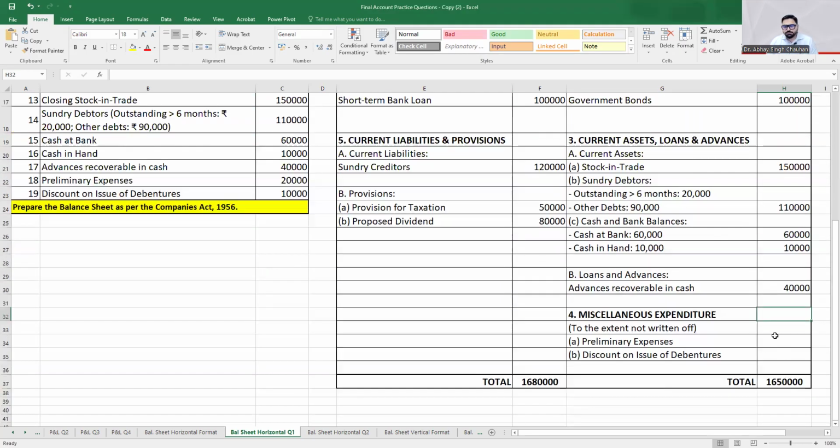So you just mark this value over here. I'll just copy the value, equals to, and tab enter. And the last one is equals to, and this discount on issue of debenture, 10,000, right?